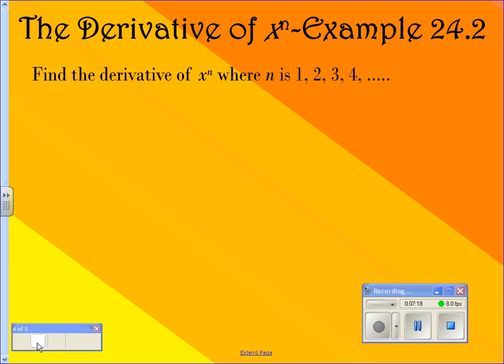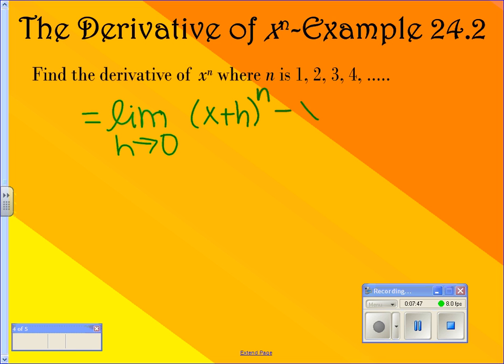So to find the derivative, what do we do? The limit. Do you want to use delta x or h? H, okay. Of, what is our function? x plus h to the n.